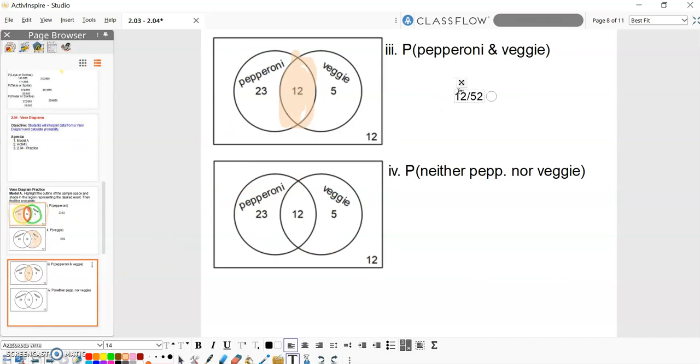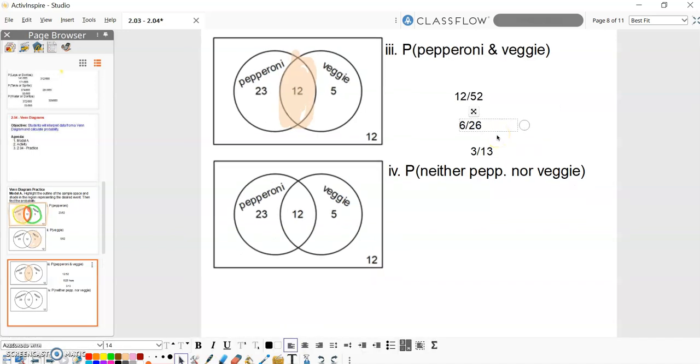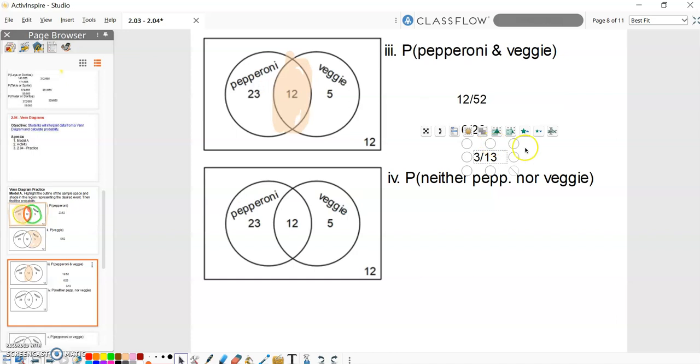These are both even numbers, so we can divide them both by 2 and we get 6 over 26. Those are still both even, so we divide both by 2 again and get 3 over 13. There is a mistake here. I'll fix that because of my OCD-ness. There you go. So our final answer is 3 over 13.